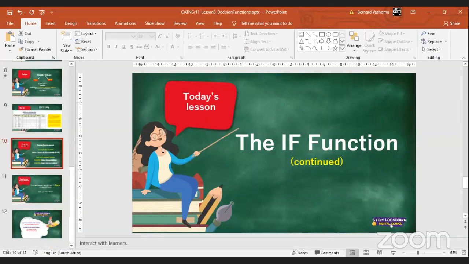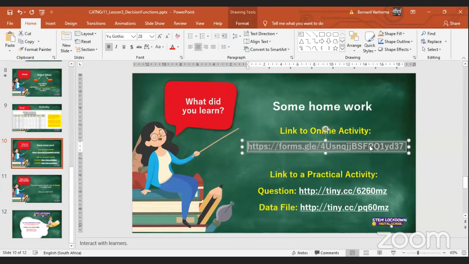Let me try and copy this, and I'll just place it in the chat. Online activity. All right, so there is the online activity.